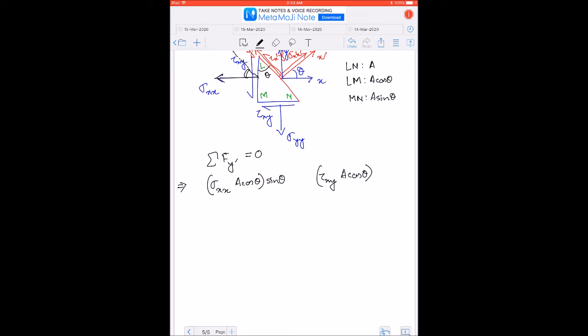So we are considering this particular force, and we have to take the component of it along the y dash direction. So this force itself, the tau xy a cos theta, is along y direction. We have to take it parallel to the y dash direction. We are actually considering this angle, so that's theta.